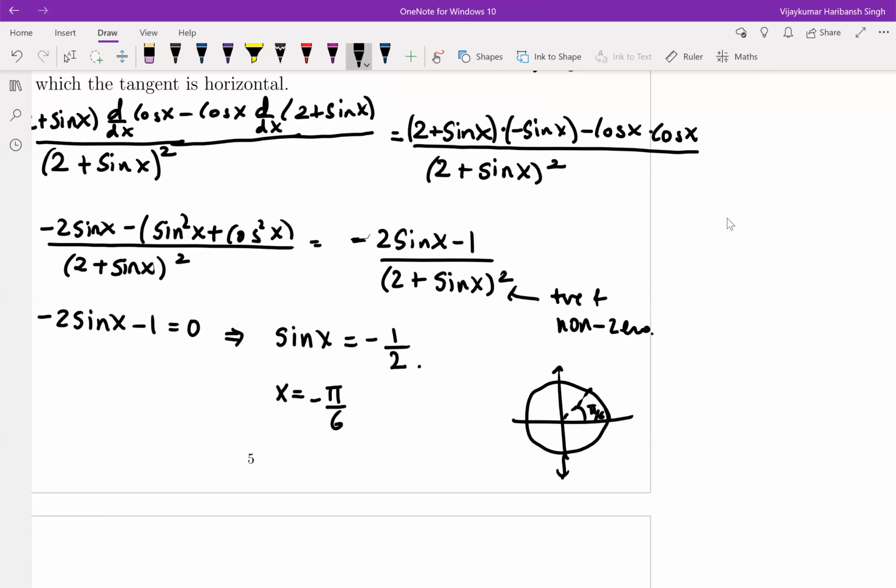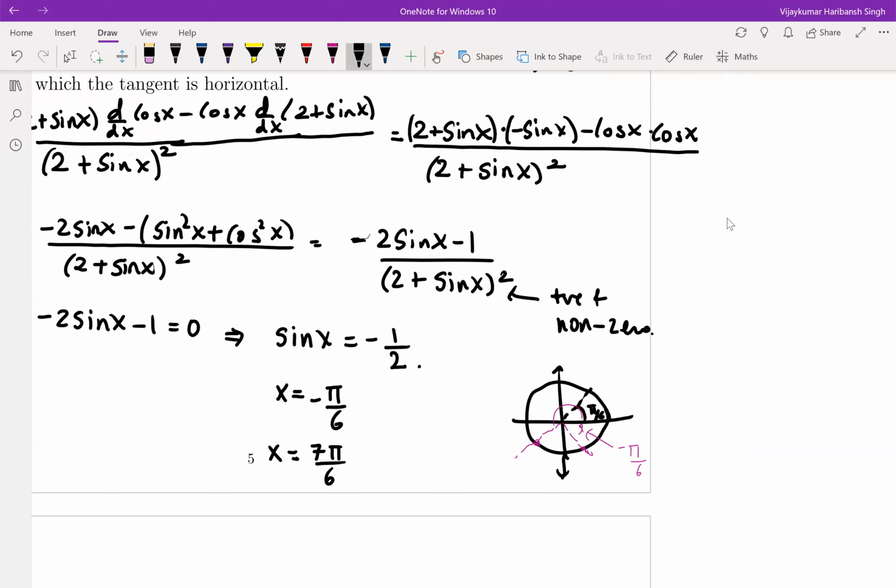Here sine is half. Now you can get the same value but with a negative sign. That happens at minus pi by 6. Another place where you can get the sine value as minus half is pi by 6 plus pi, which is going to be 7 pi by 6.